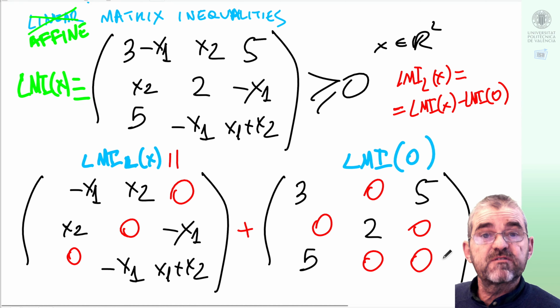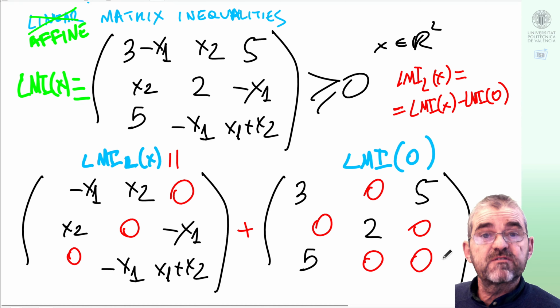Then, as we said, LMIs can be divided into a constant and a truly linear term. And in fact, if the constant term is 0, for instance, then the LMI set is a cone, because then the LMI is truly linear, so that if X renders the associated matrix positive semi-definite, then any positive scaling of X will result in an LMI that is the same matrix multiplied by that positive number.